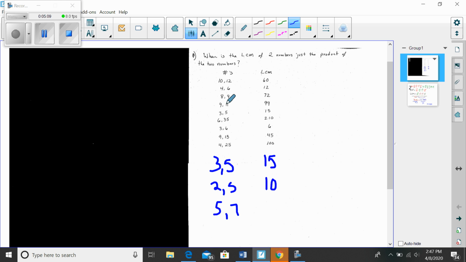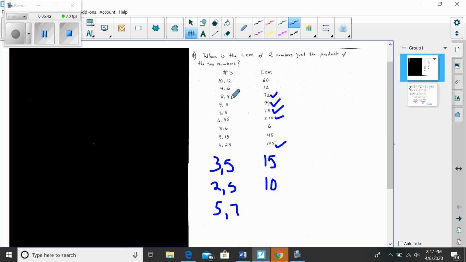Neither of these numbers are prime, and yet the LCM is the product, 72. 4 and 25, neither of those numbers are prime. LCM is the product. 6 and 35, so here the LCM is the product. So every time the LCM is just the product, which happens here, here, here, and here. Oh, and here too.